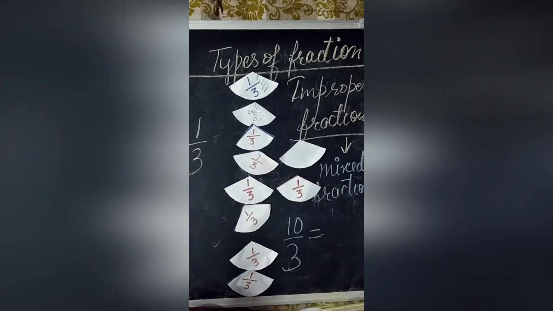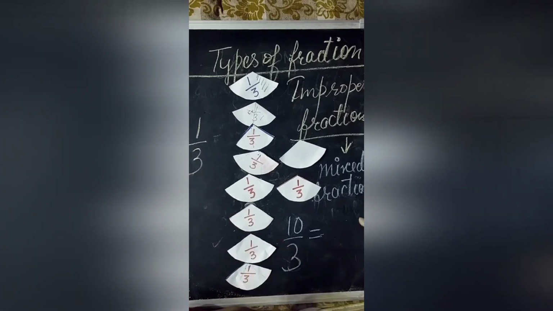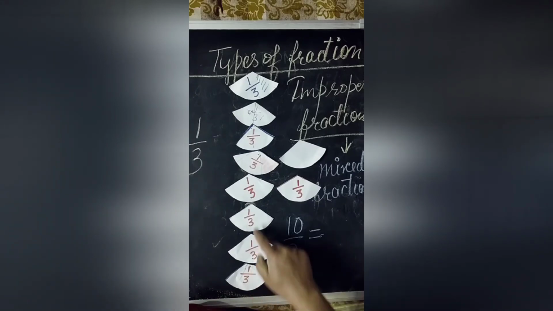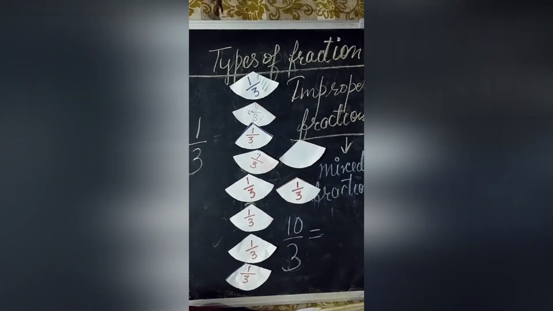So in improper fraction, I'm repeating, we only count the number of pieces with third piece size. Here the number of pieces are 1 2 3 4 5 6 7 8 9 and 10. But in mixed fraction, we write it in a simpler form. How many full pizzas do we have? How many parts do we have?